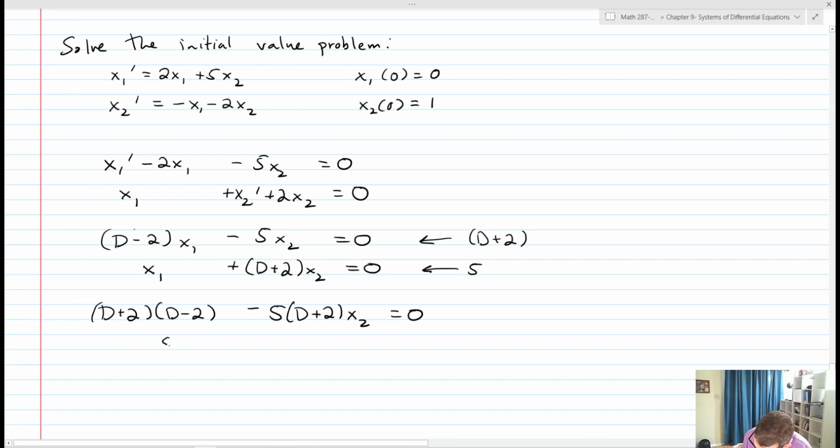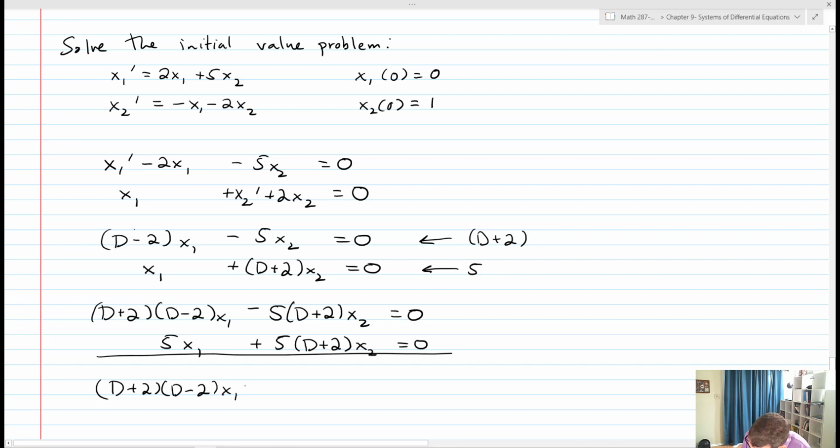And then we'll have 5x1 plus 5 times D plus 2 x2 equal to 0. And then we're just going to combine our like terms. We're going to add the two equations together. We'll get D plus 2 times D minus 2 x1 plus 5x1, and these will cancel, and that equals 0.